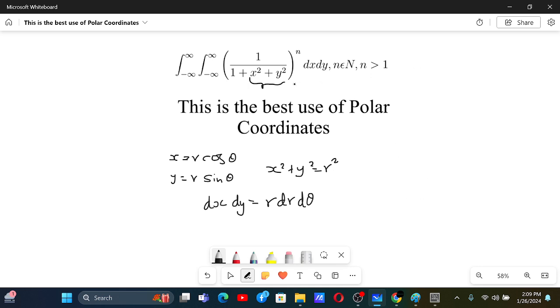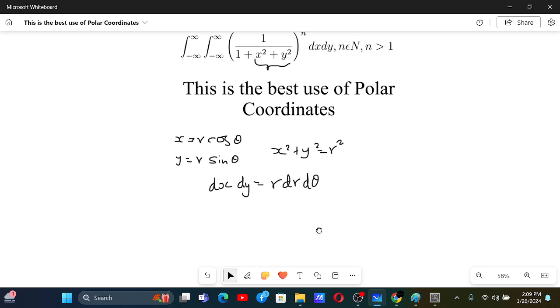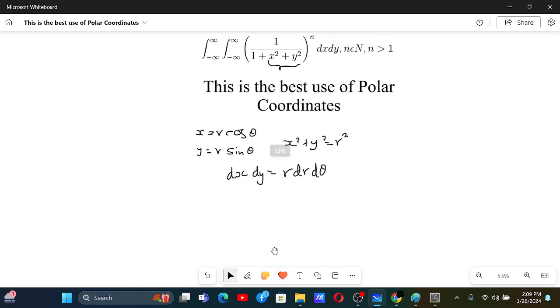Now let's go solve the problem. So basically, now if we enter the polar coordinate system, our theta will go from 0 to 2 pi, as I already showed here, and radius from 0 to infinity, yeah. And you can also see this because we have r as square root of x square plus y square, so r will always be positive, yeah.